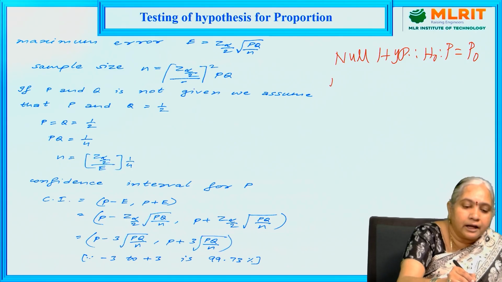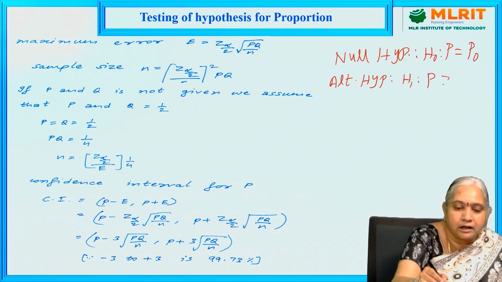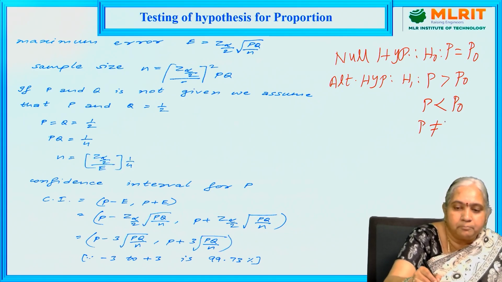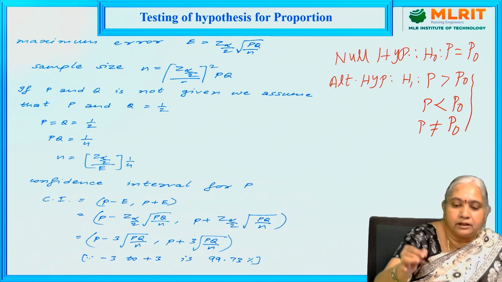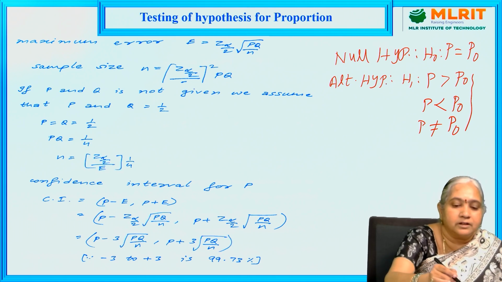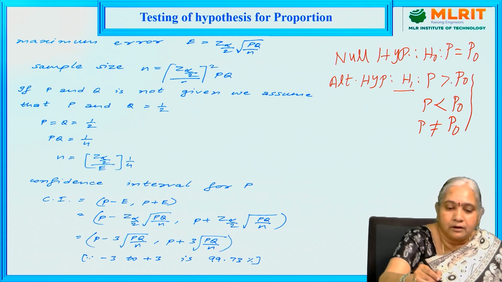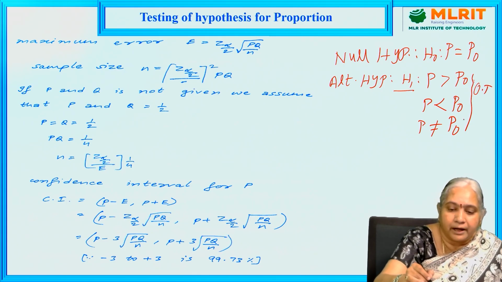And the alternative hypothesis, as we discussed previously, can be defined in three ways, that is H1 is either P greater than P0, or P less than P0, or P not equal to P0. In either of these cases we can define the alternative hypothesis, which is denoted by H1. So these two are one-tailed tests and this is a two-tailed test.